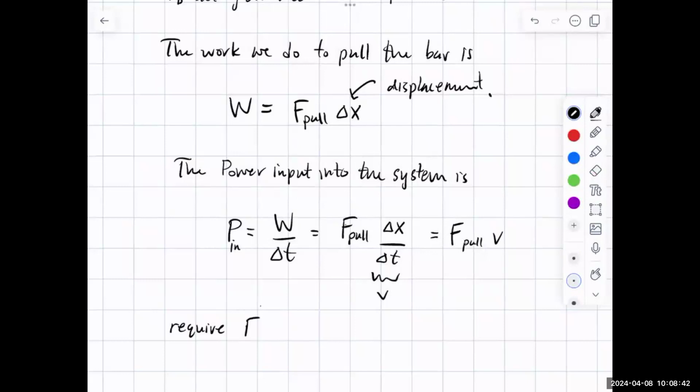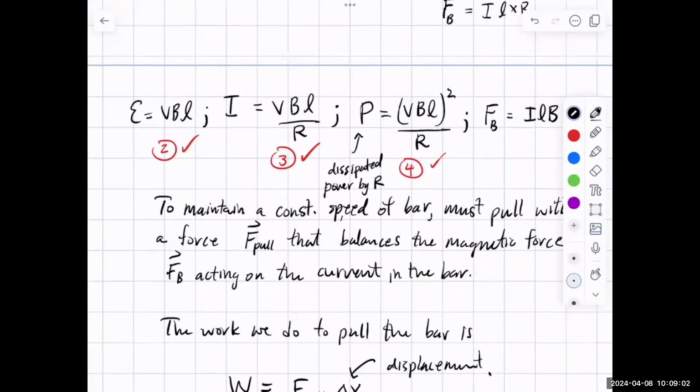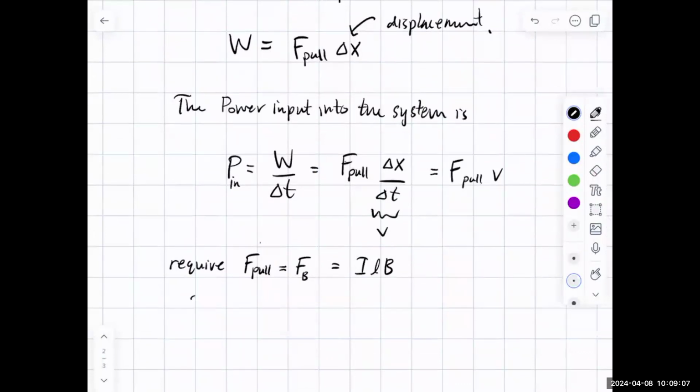So we require the F pull to be equal in magnitude to this magnetic force, which was I times L times B. But we know I from equation 3, and so it's VB times L divided by R. So we'll sub 3 for I. And so then our F pull is going to be VBL divided by R, right?